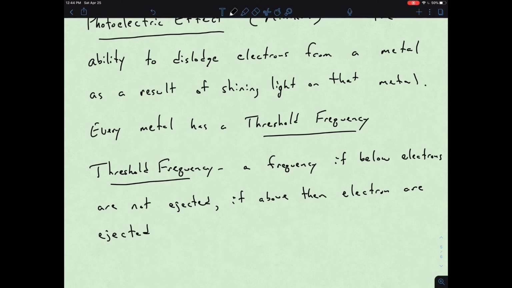The electrons about a metal are held to different extents. Some are held a lot tighter, more energy holding them, if you will, to the nucleus compared to other, say, metals.